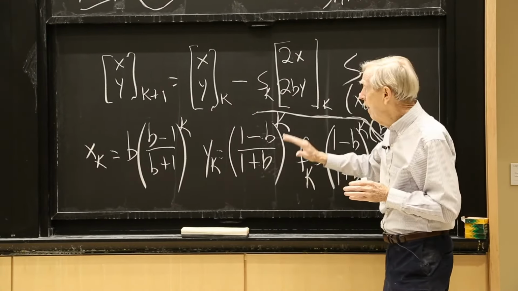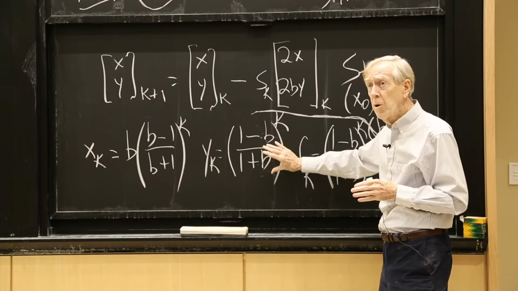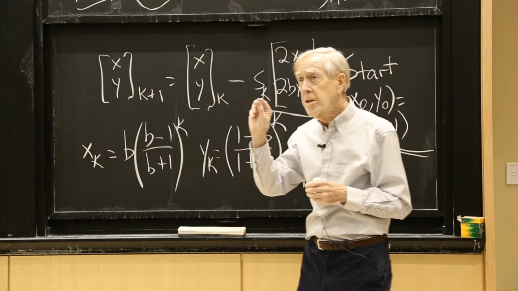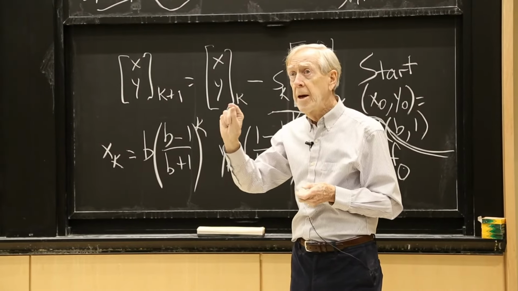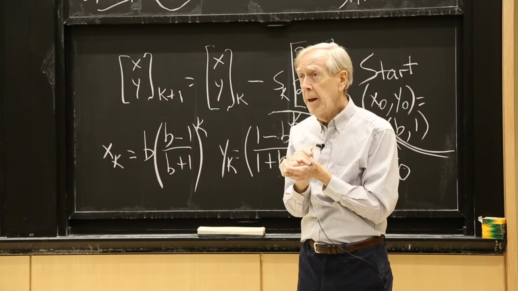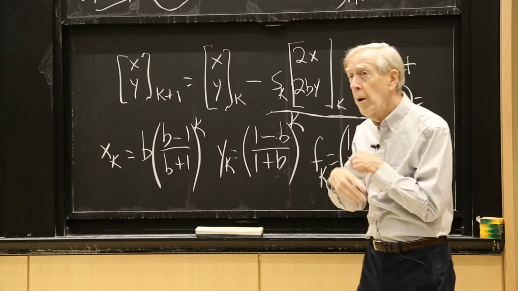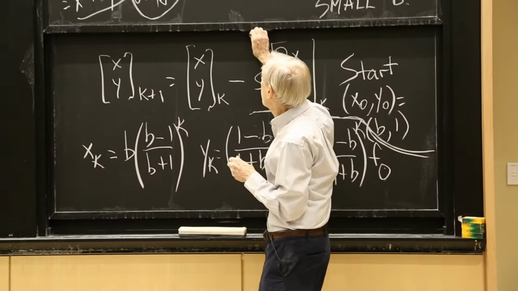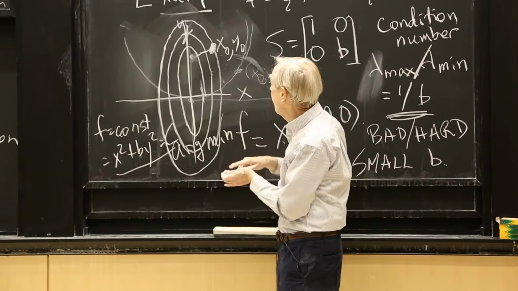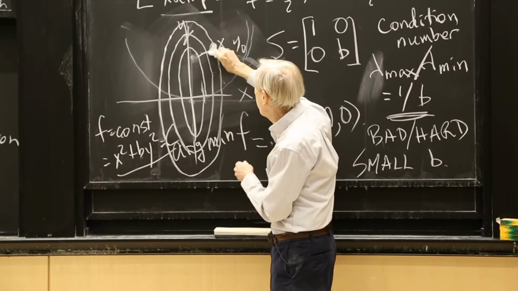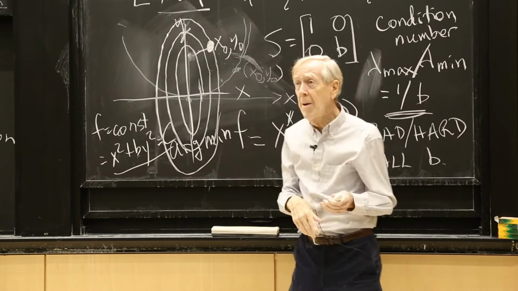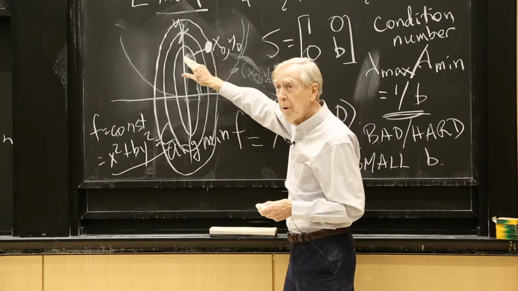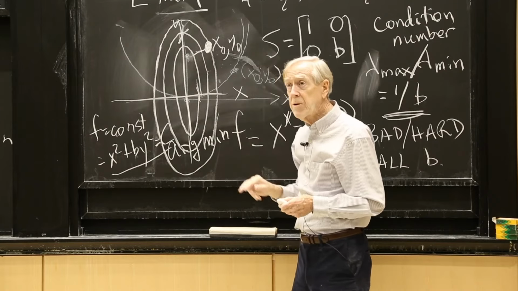Okay, so next time is a key lecture to see what I've just said, that this controls the convergence of steepest descent, and then to see an idea that speeds it up. That idea is called momentum, or heavy ball. The physical idea is, if you had a heavy ball right there and wanted to get it down the valley toward the bottom, you wouldn't go perpendicular to the level sets, not at all.